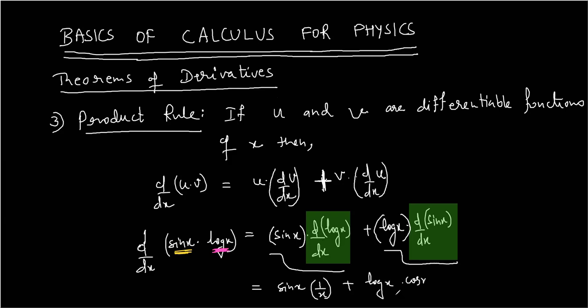Students, you can have one more example here for product rule. I give you one more example for further practice. Suppose I have d by dx of x square multiplied to cosec x. So what we notice is that in between x square and cosec x, we have two functions of x here.